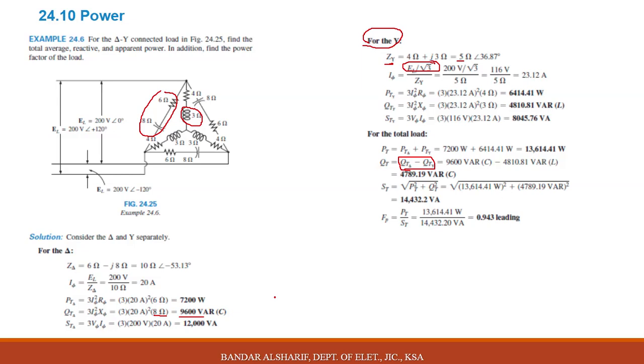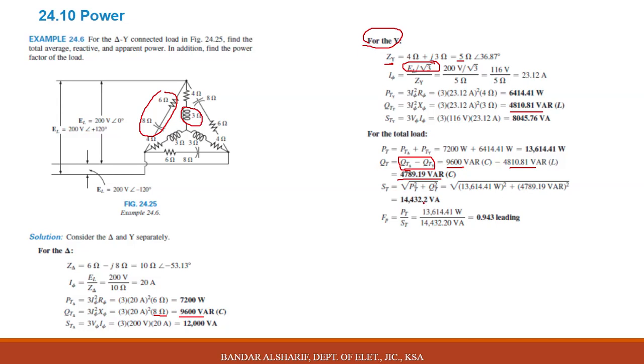It is mentioned here 9,000 minus 4,800. The answer will be 4,789.19 var. How to find the total apparent power? You square each one, P square plus Q square, under the root.